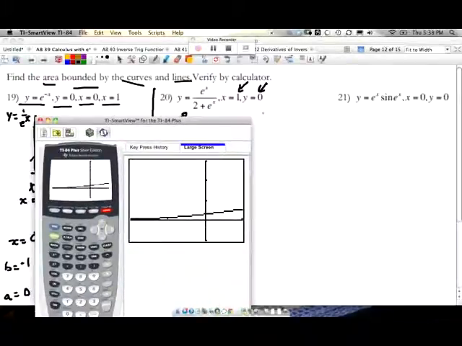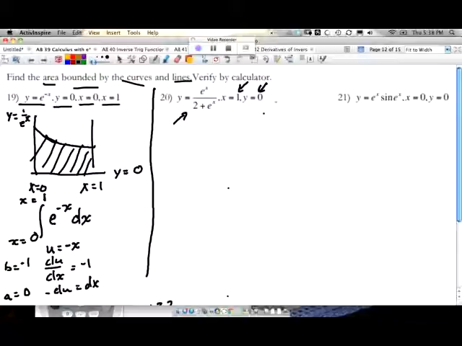So for number 20, we can't do that. Not possible. At least not with the calculus that we know so far, because we can't figure out the area from here to 1, because this curve that we were seeing, it goes down, but it never actually stops. This is always open.